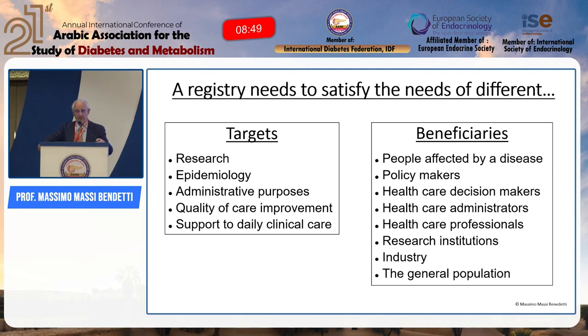They might have different languages, different needs, so we need to find a way to provide an instrument which can talk to all of them by adjusting the language to different needs.